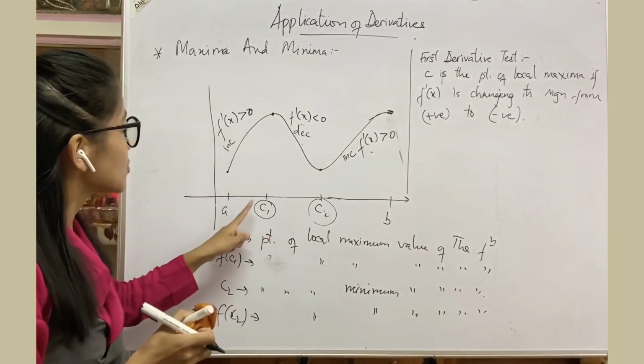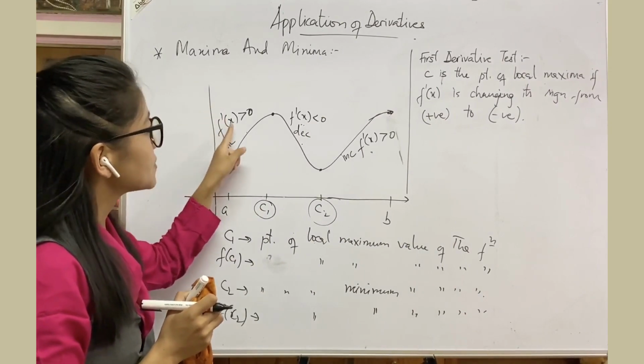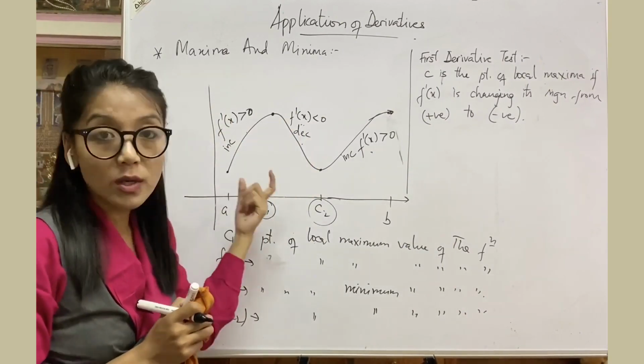Okay, so C is the point of local maxima if f dash x is changing its sign from positive to negative. Now you should know that C is one of the critical points.